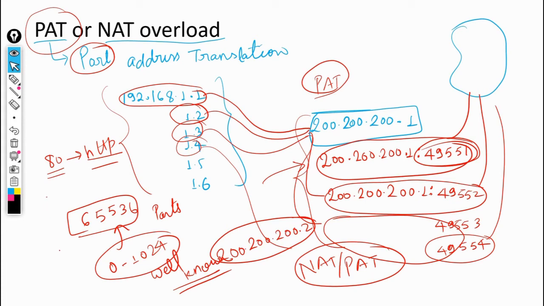So these are also port numbers, and we are not using those ports. For NTP, Network Time Protocol, we have port number 123. We're not using that port number to reach the internet with PAT. So 0 to 1024 is reserved.